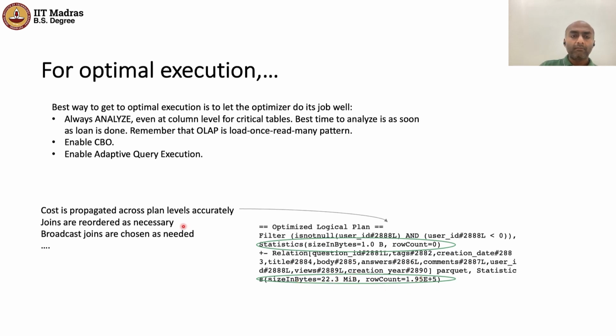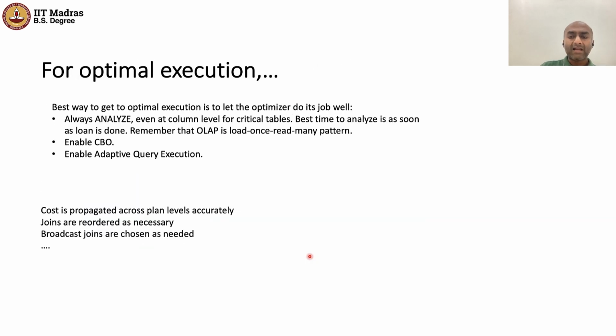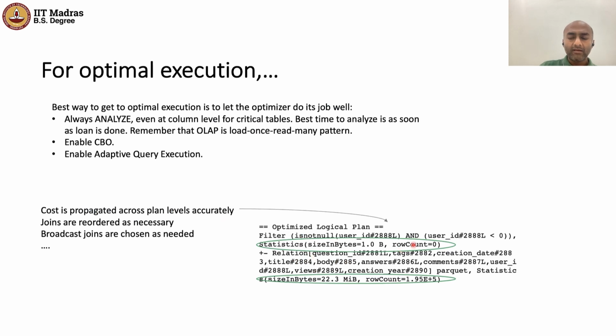But then, because the analysis has happened correctly at the column level, and there is a filter at the column level which says user ID is less than 0, we find that because the user ID minimum itself is 22, the plan itself can say that this filter will result in 0 rows.